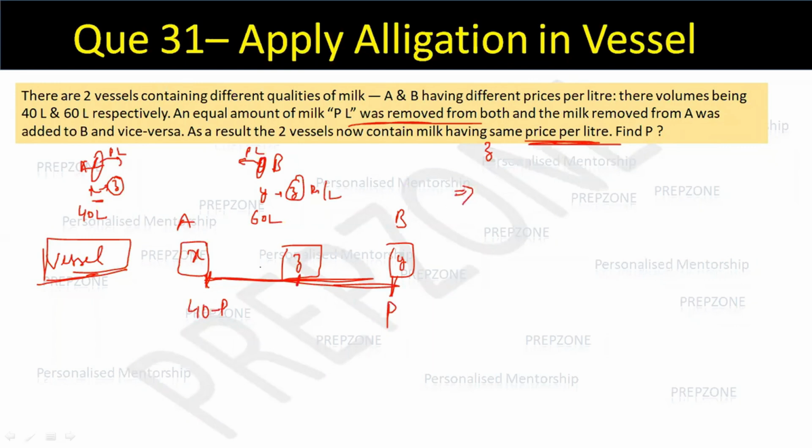Can I say the ratio of quantities was 40 minus P upon P. So the ratio of distance has to be P upon 40 minus P. This has to be the ratio of my distance, and this ratio of distance is nothing but X minus Z upon Z minus Y. This is my equation number 1.